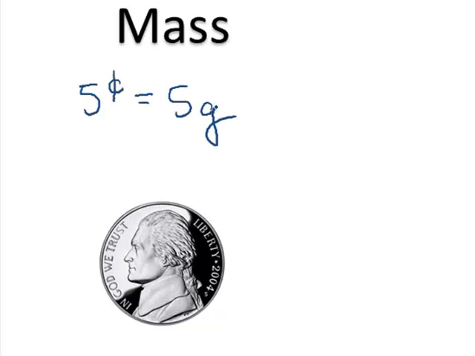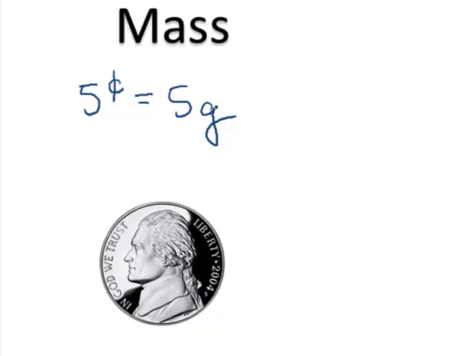In other words, when a nickel rolls off the production presses at the U.S. Mint, it will weigh exactly 5 grams. This is helpful because if you're in a laboratory and someone asks you to go weigh 10 grams, you know you're going to measure a mass that's roughly equivalent to 2 nickels.